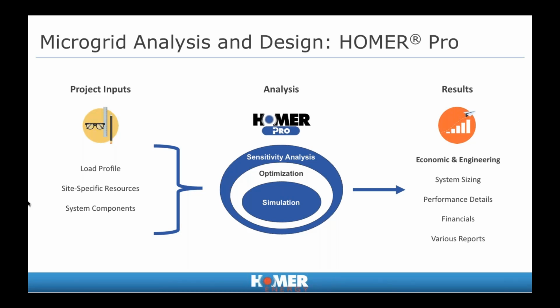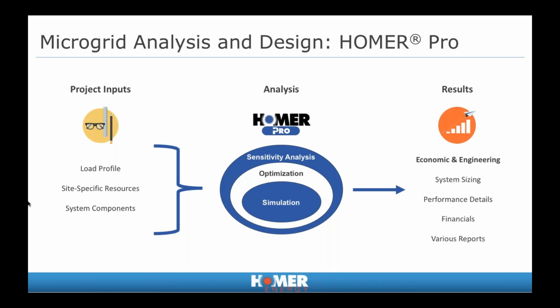HOMER Pro analyzes any place in the world and helps anyone understand the least cost solution when combining multiple energy and storage technologies. The workflow within HOMER Pro is 3 steps. We start with project inputs, where we add our energy use data, otherwise known as load data. We then pick our exact location, and we download site-specific resource data, such as wind, solar, and temperature.